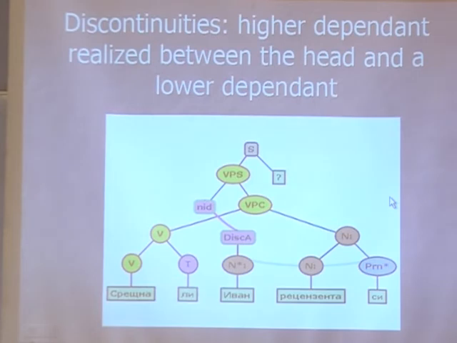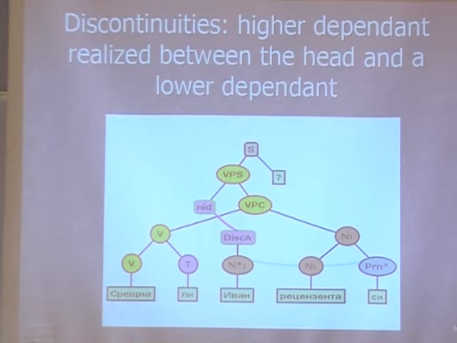However, when something comes in between the realization rule scheme, then we have a problem. And now I begin with the first, I think it is the most frequent type of discontinuity, when a higher dependent is realized between the head and a lower dependent.